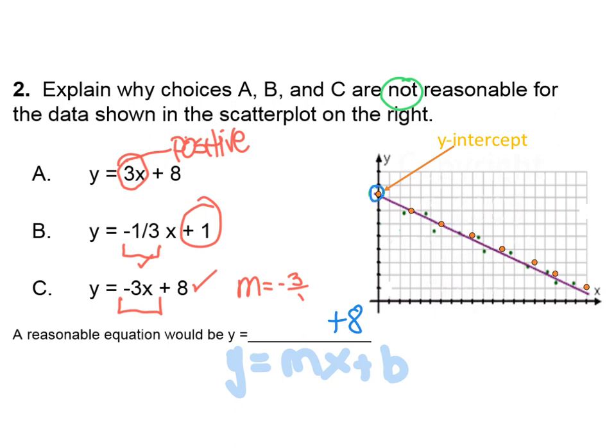So if I'm here at b, I go down 1 and over 1, 2, 3, I'm on the line. Down 1 and over 1, 2, 3, I'm on the line. Down 1 and over 1, 2, 3, I'm on the line. So this is negative 1 over 3x. So our linear regression line is y is equal to negative 1/3 x plus 8. And that's the line for this regression.